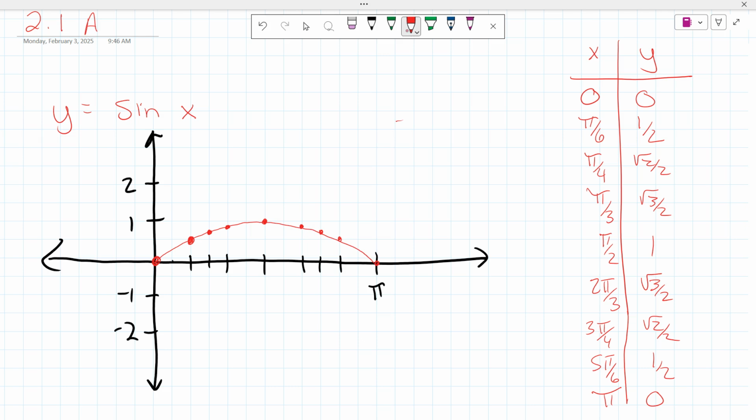Now, if we would keep going, it would make a nice smooth curve under here and go back like this. This is called a sinusoidal curve.